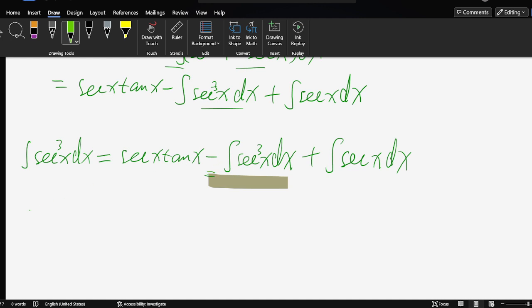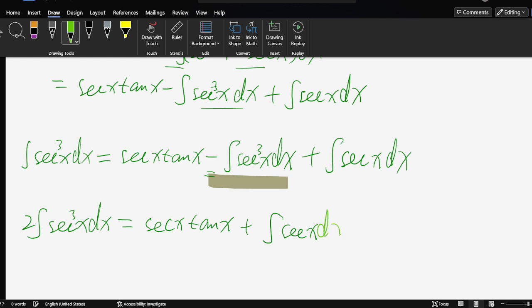So we do that. 2 integral secant x cubed dx equals secant x tangent x plus integral secant x dx.